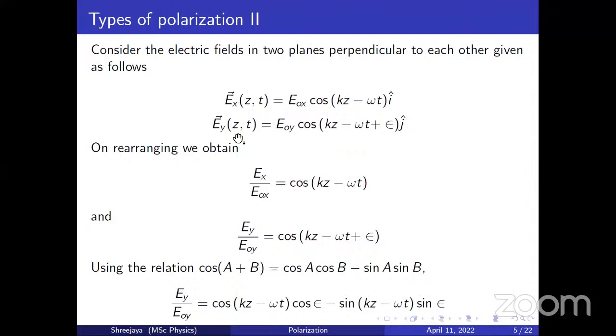Now you can rearrange this and obtain these equations. Then using the relation cos(a+b) for this cos(kz minus omega t plus epsilon), you can expand the second equation and write it like this.